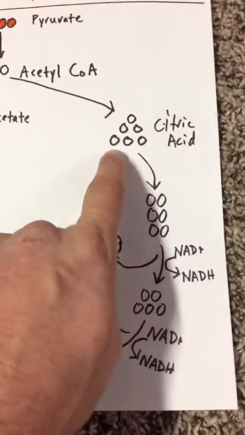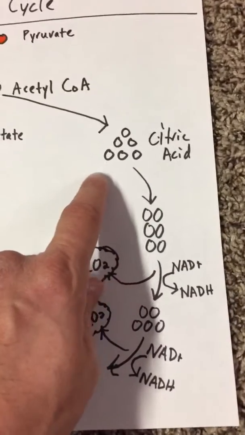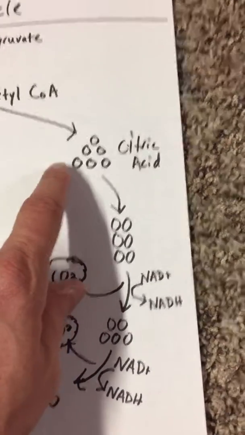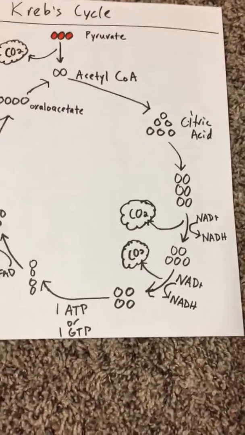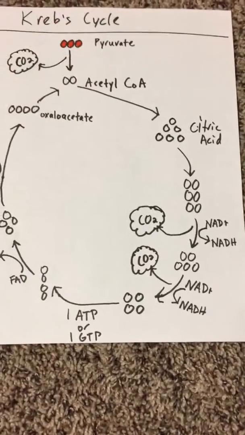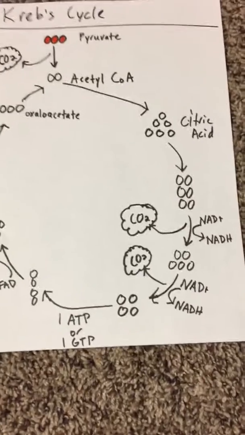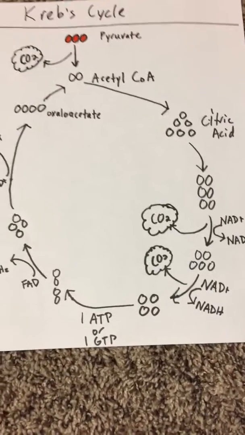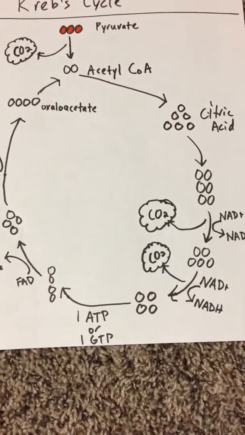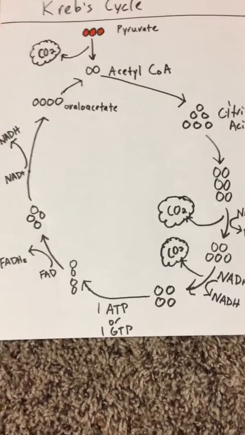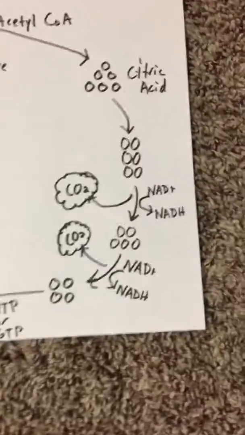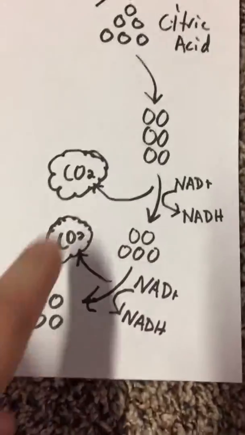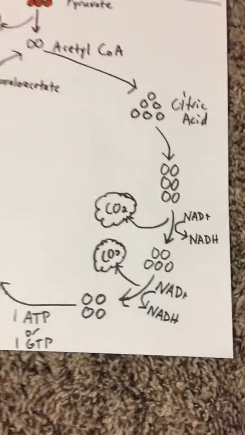These are just artist renderings, but just to show you that they shifted. And the energy released when the 6-carbon arrangement is oxidized causes one carbon to be removed. This removed carbon, once again, combines with oxygen to produce CO2. As you can see here, we're going to lose that CO2 again.